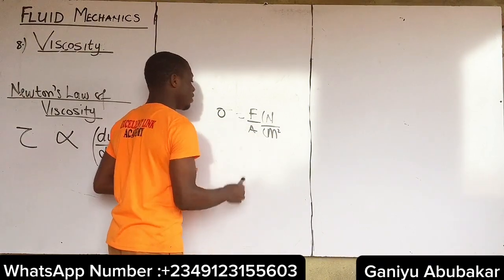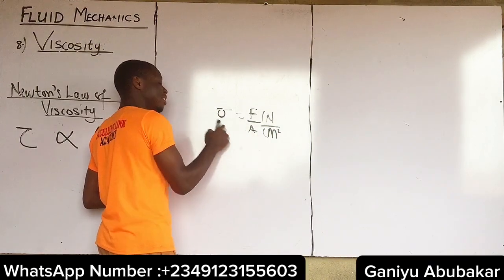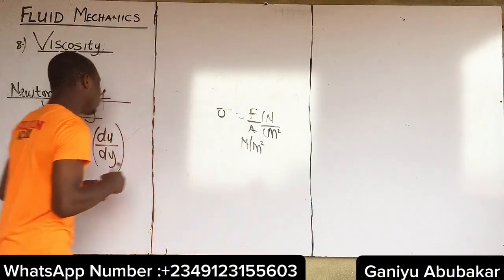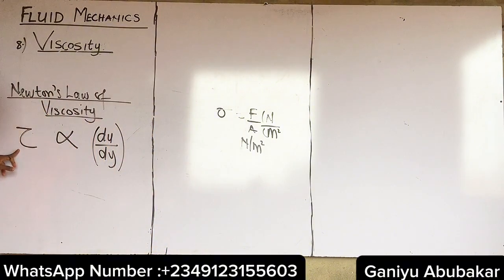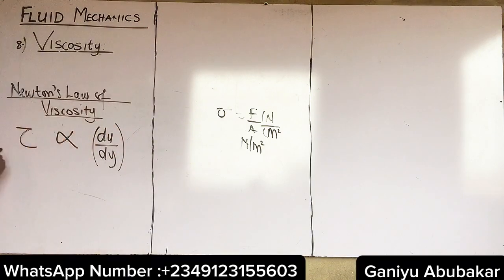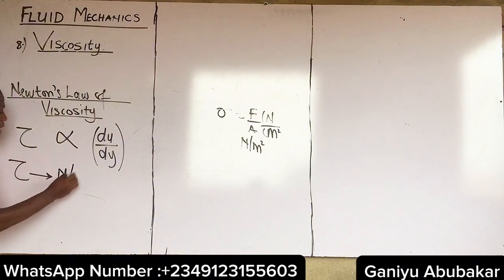So the SI unit for stress is Newton per meter squared. Shear stress comprises the same idea, so I'm still using the same SI unit. The SI unit for shear stress is measured in Newton per meter squared.